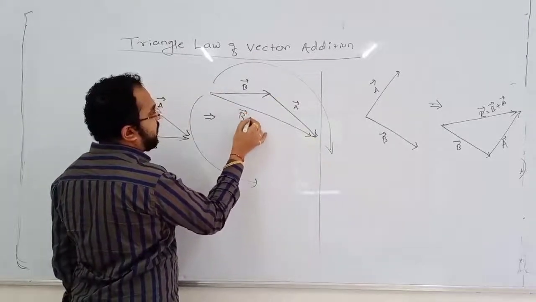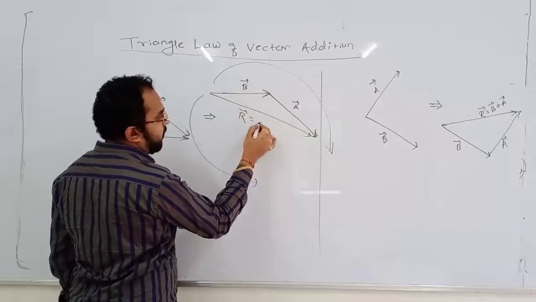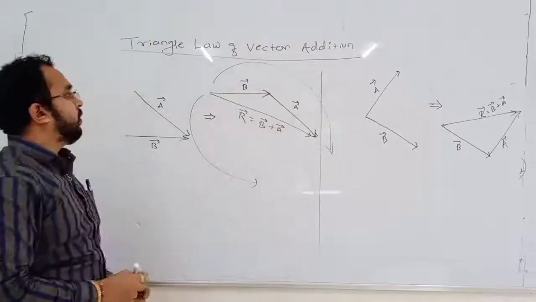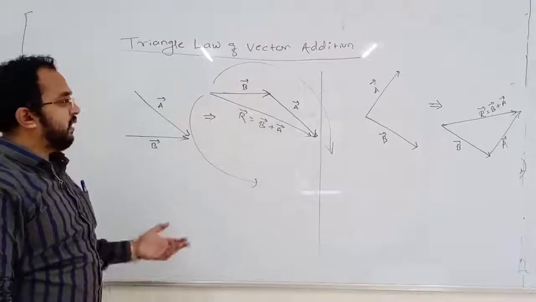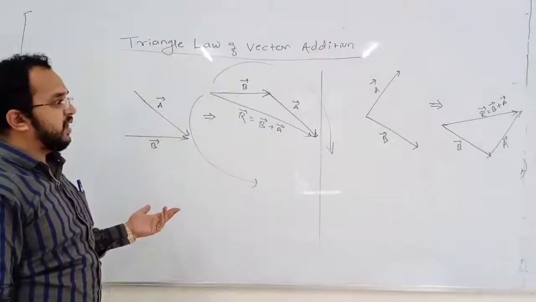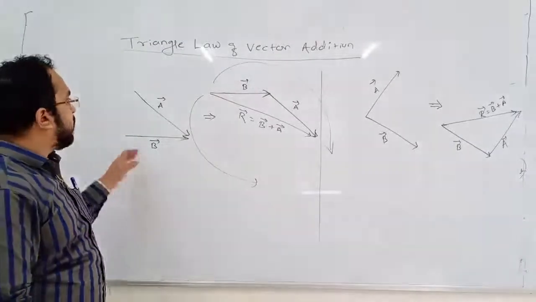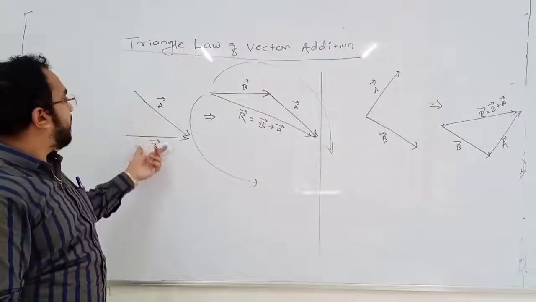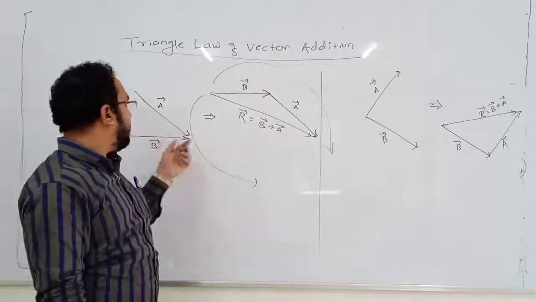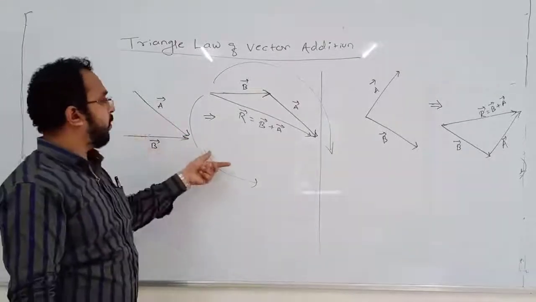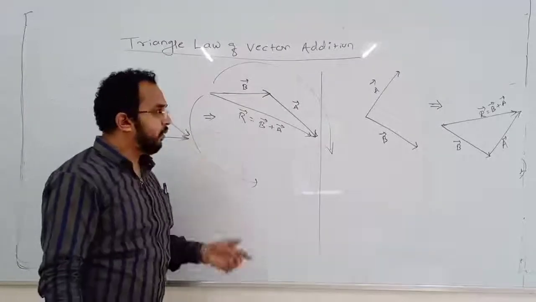This resultant will be B plus A. Okay, so these are the examples when they are not in the same sense. So you have to convert the figure into the same manner. I have shifted this B here. You can also shift this A here, or take this A forward, or take the B forward, no problem.